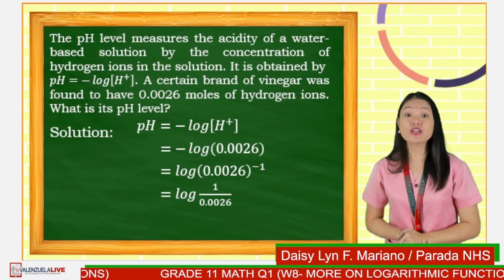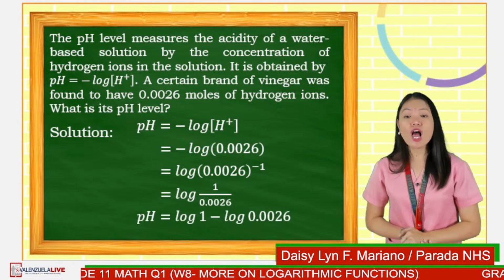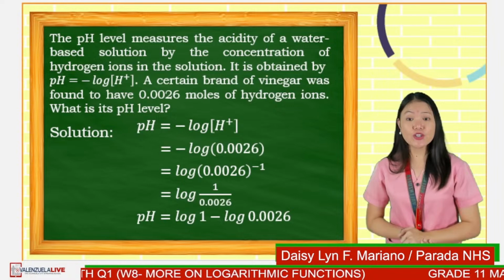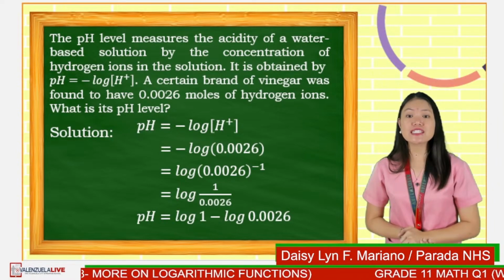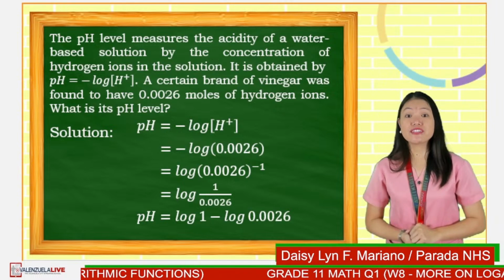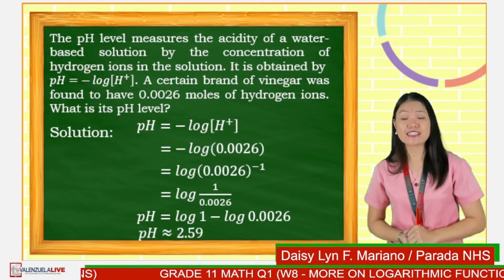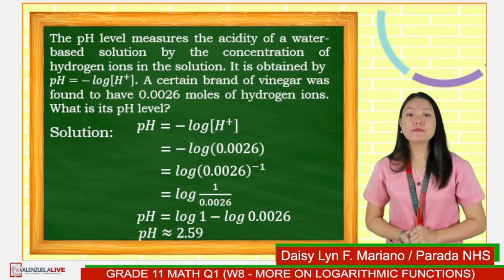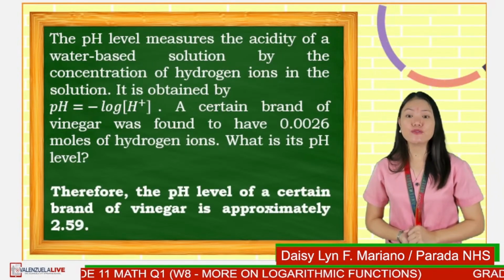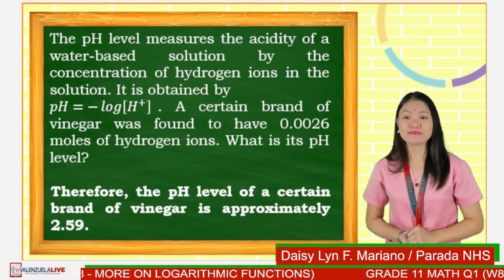By laws of logarithm, this is the same as pH = log 1 - log 0.0026. Using a calculator, this is approximately 2.59. Therefore, the pH level of a certain brand of vinegar is approximately 2.59.